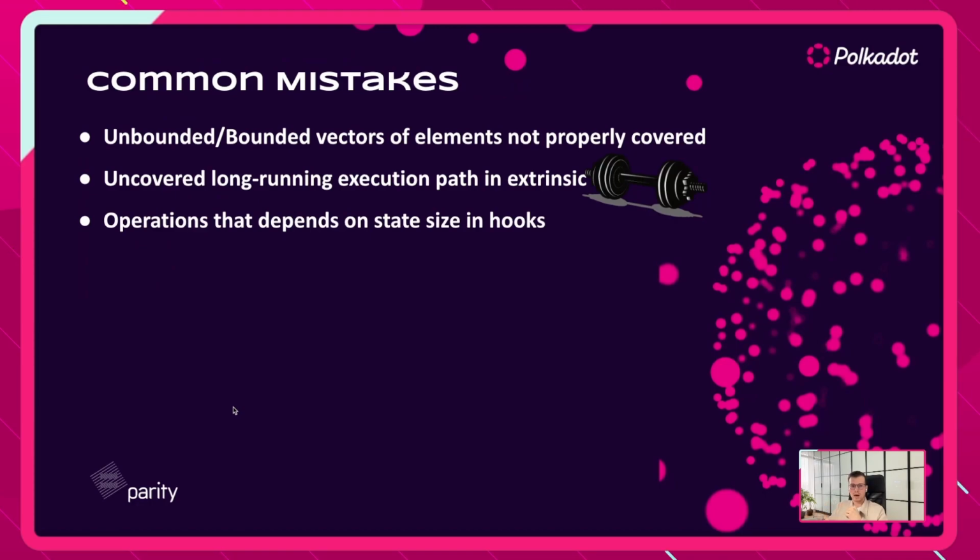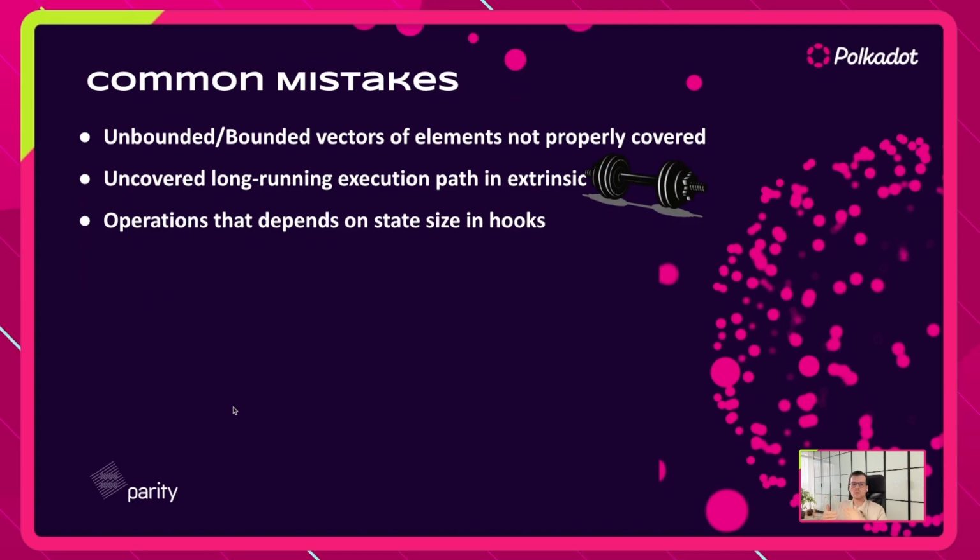The last part are mistakes that are matched with hooks. Imagine we do some operations at the very beginning of each block or at the end of the block while we have some weight left. Imagine we have a very big state, for example, a list of identities stored in our pallet state.